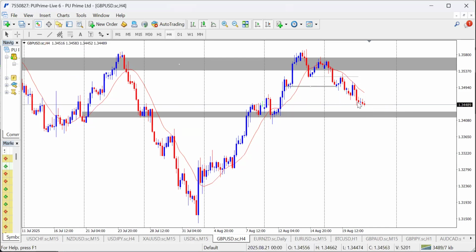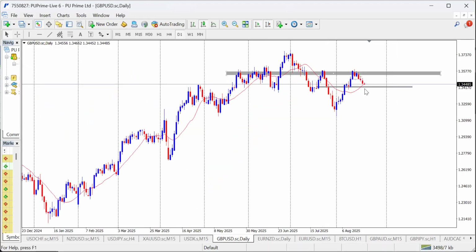So I'm looking at this level. There is no strong structure for sellers going on, except this low is broken, and as this low is broken, what do we have? Another test. This is where it started. And we just need to be careful of this zone.